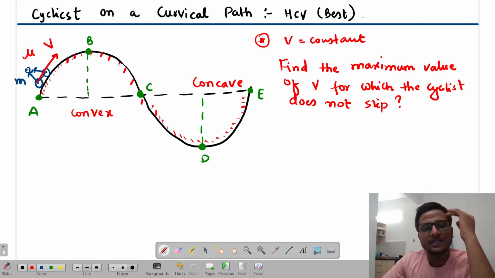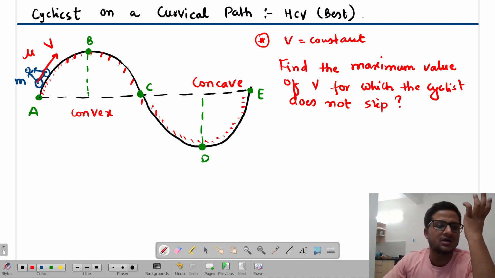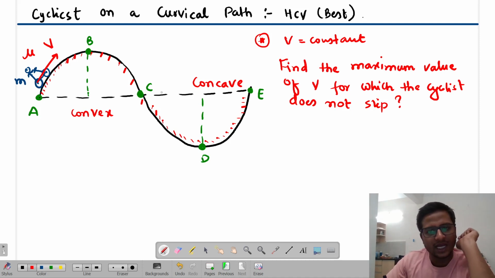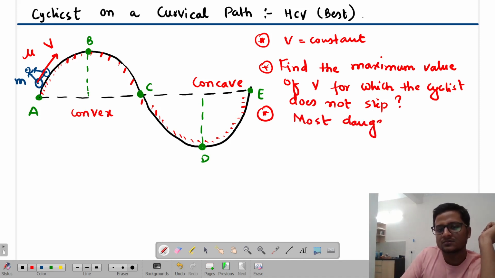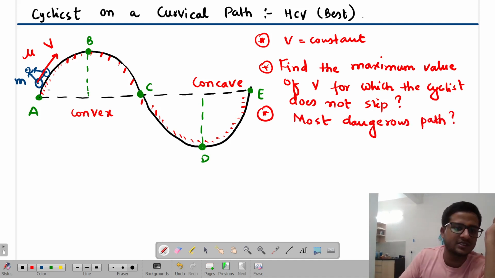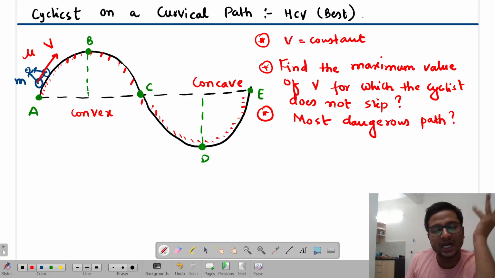The question is: find the maximum velocity V so that the cyclist will not slip, and identify which is the most dangerous path. Out of A, B, C, D, E, there are four parts: A to B, B to C, C to D, D to E. Out of these four parts, there are some paths where there is a higher chance of slipping.